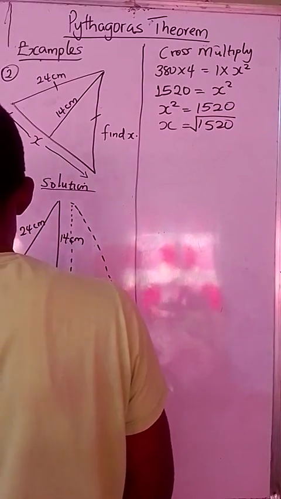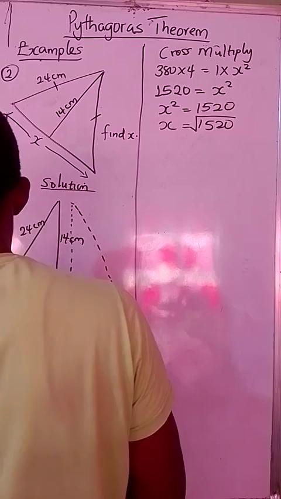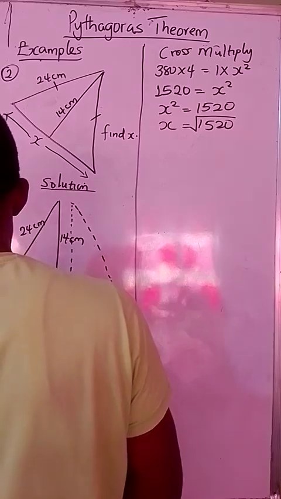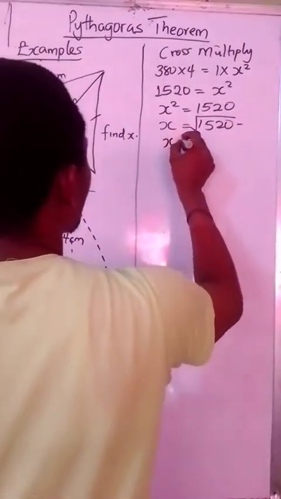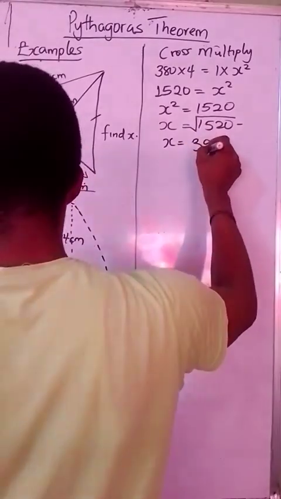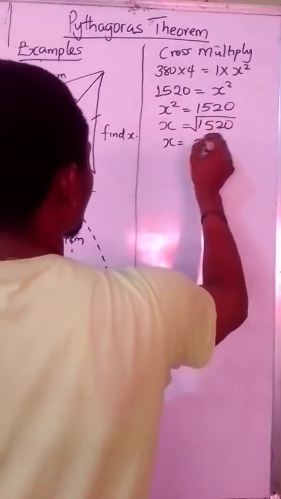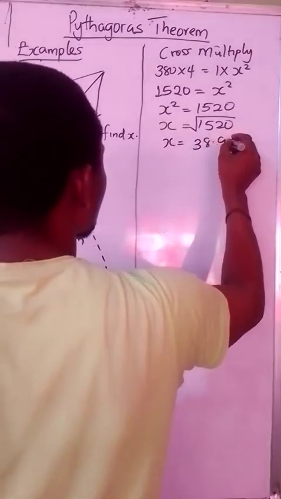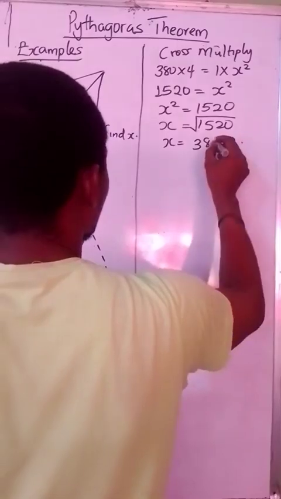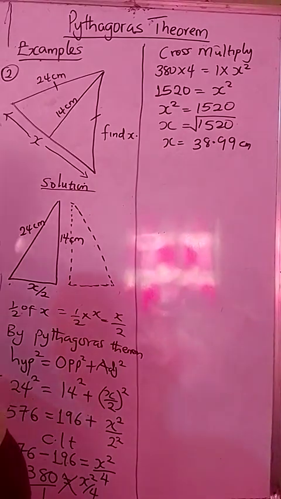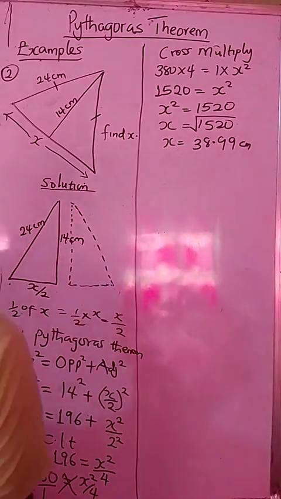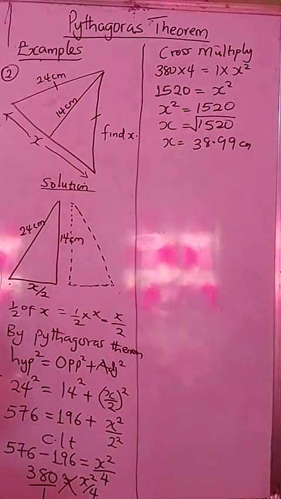And that answer will give us, so our x will give us 38.999. So that is our answer. Alright? So our x is 38.99. Alright, thank you.